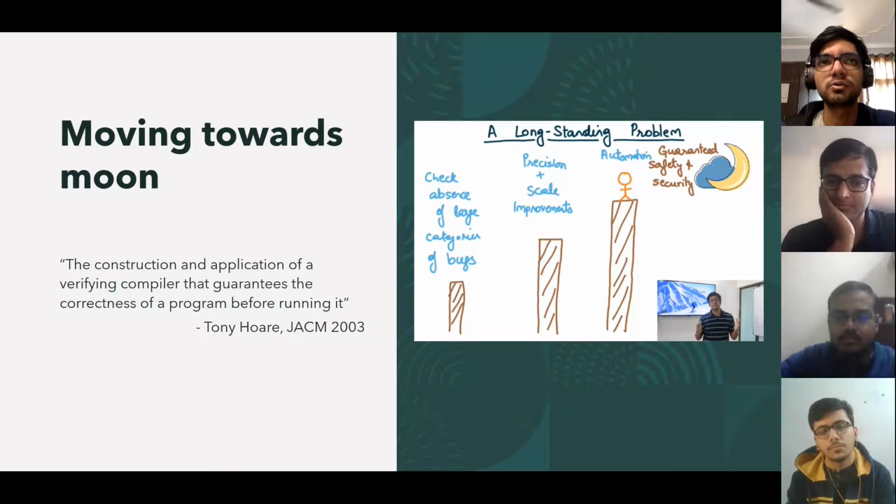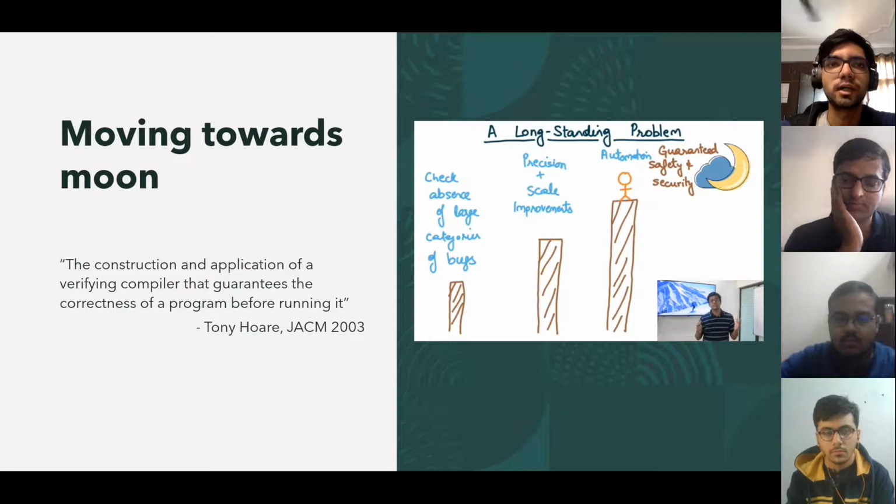We can do some of it step by step, such as what we will do in this course, which is checking the absence of large categories of bugs. Then we can move to improving the precision and scale of those improvements. And finally, we can move towards automation, where we would try to automate all the verification.